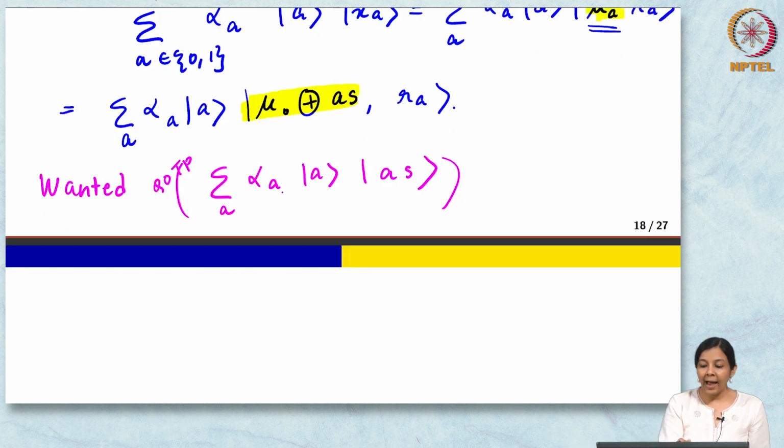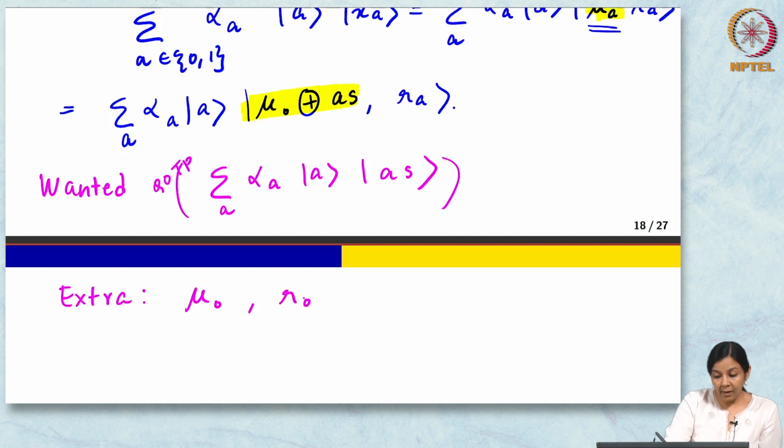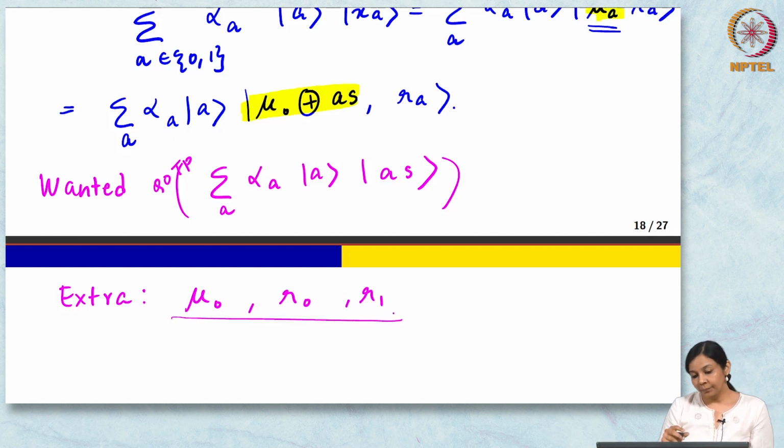Now, what we have is really close, right. So, what is extra? This mu 0 looks extra, R 0 and R 1 look extra, right. It turns out actually that you can transform these to get a QOTP of the state that you want. So, let's go slowly. What did we get?